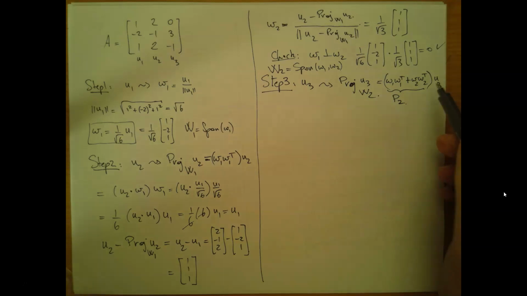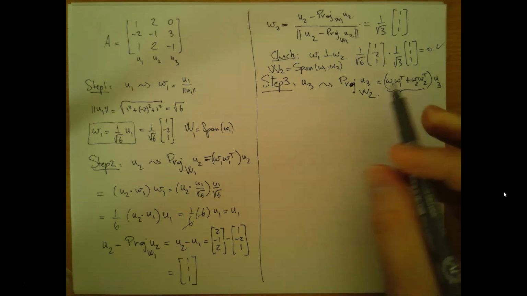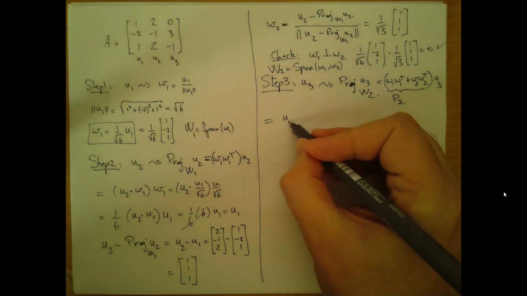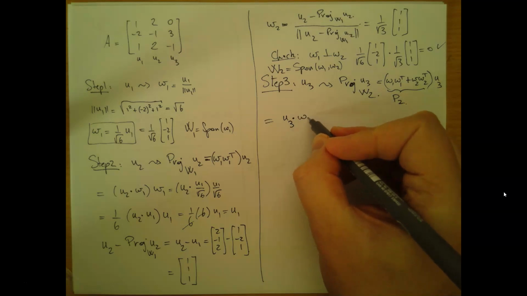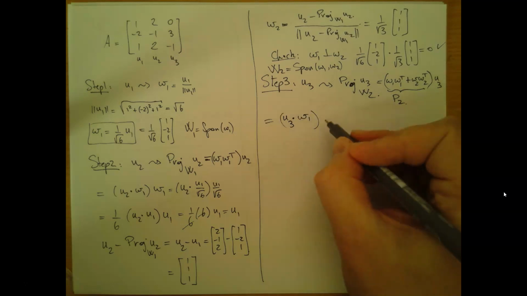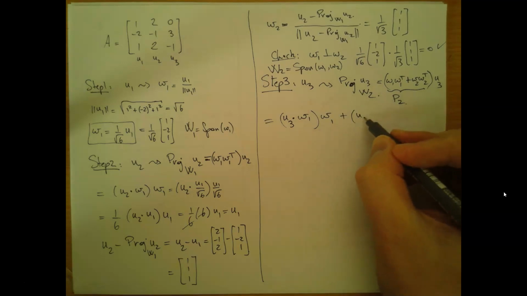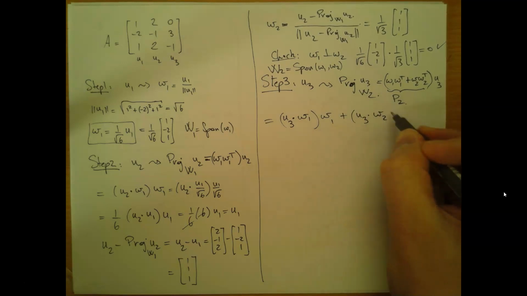Alright, but if we expand here and then do the usual trick, this is equivalent to saying that you take u3, dot it with w1, and assign that coordinate to w1, plus u3 dotted with w2, and assign this coordinate to w2.